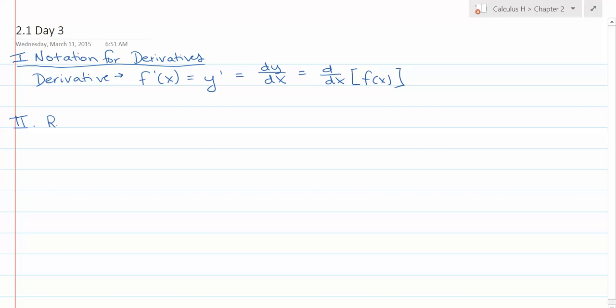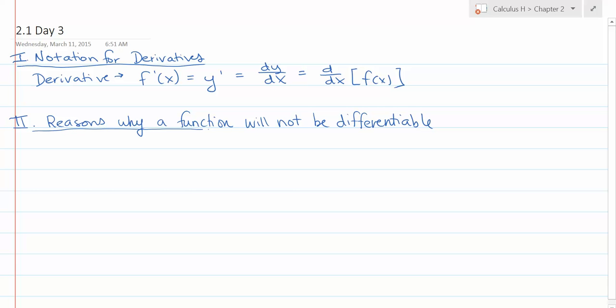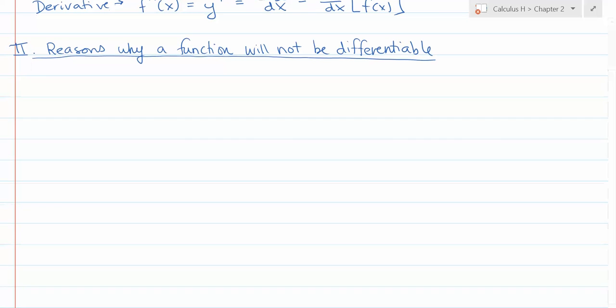All right, there's some reasons why a function may not be differentiable. And you might have seen this already when we were graphing derivatives yesterday.